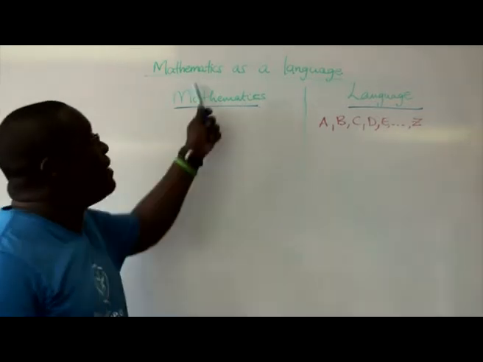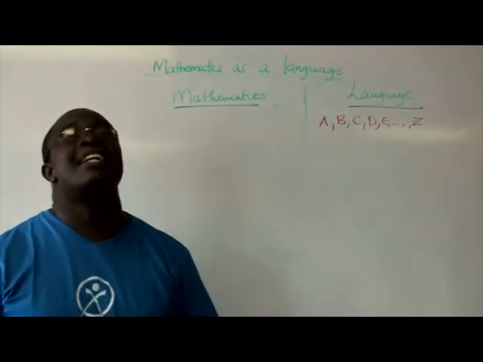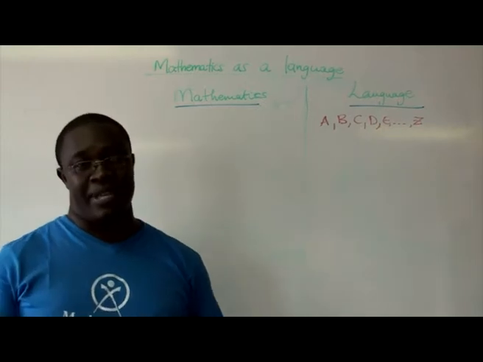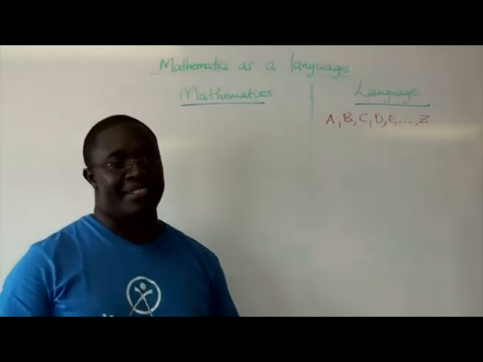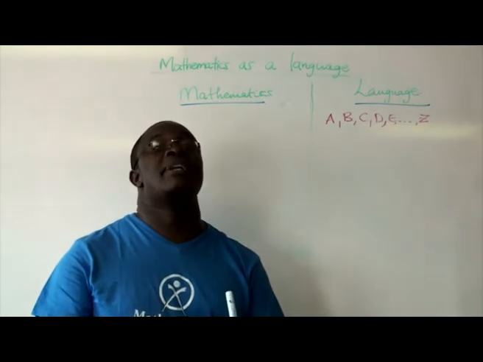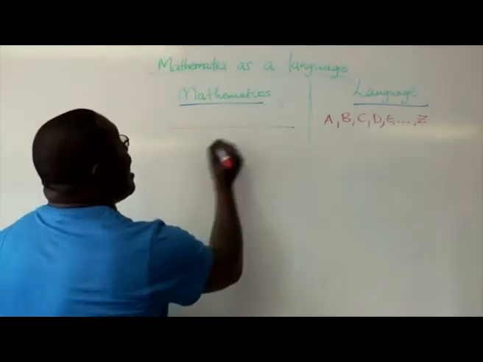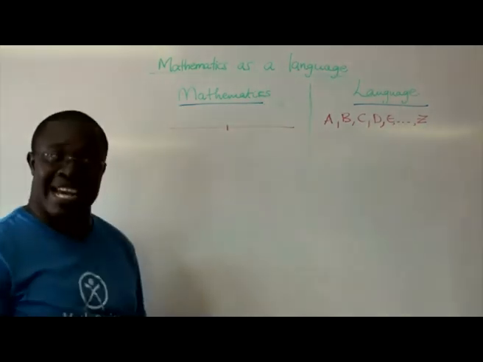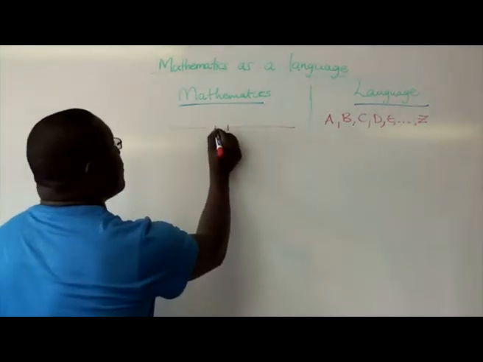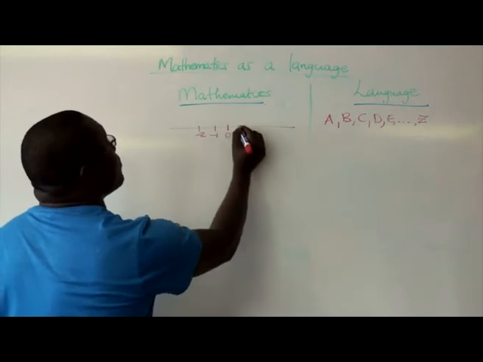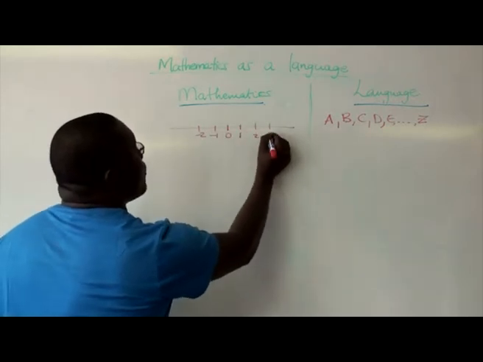So if mathematics is a language, then what is the alphabet for mathematics, right? What is the alphabet for mathematics? Now, for mathematics, the alphabet is the number line, right? 0, -1, -2, 1, 2, 3.